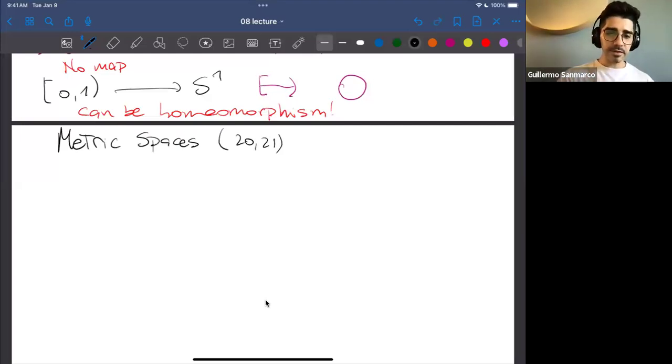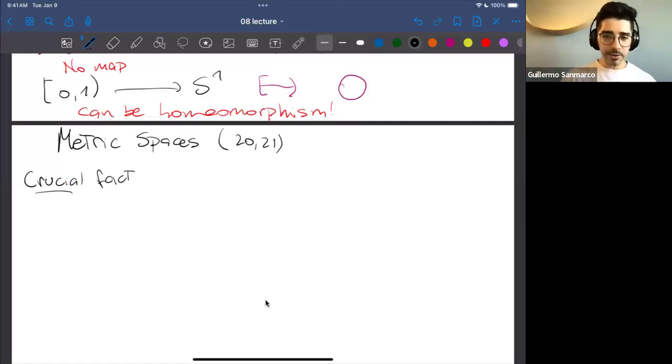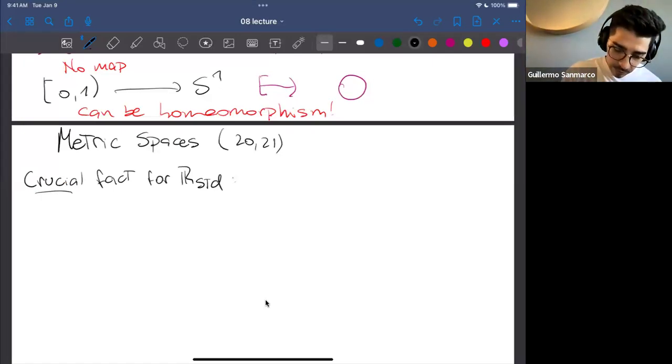The idea with metric spaces is that we want to exploit a crucial idea we used for the reals. How did we introduce the standard topology for the reals? Well, we used these open balls.